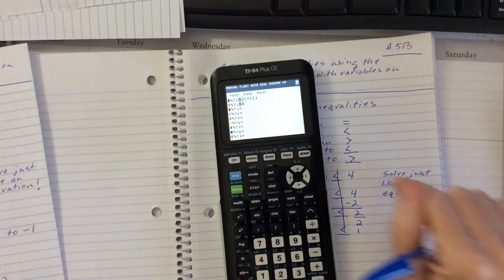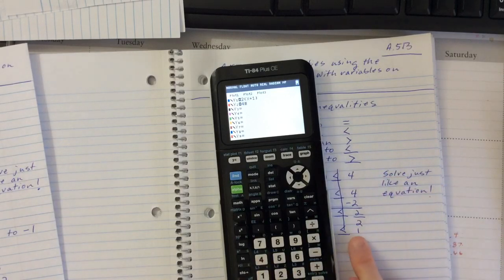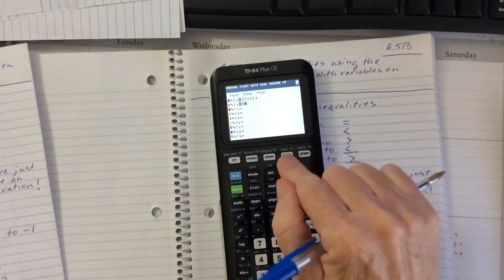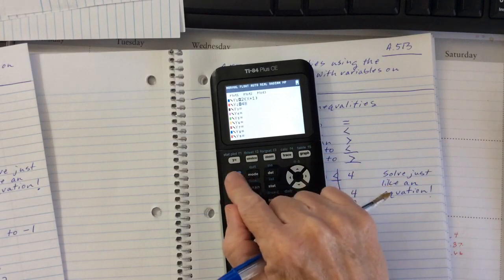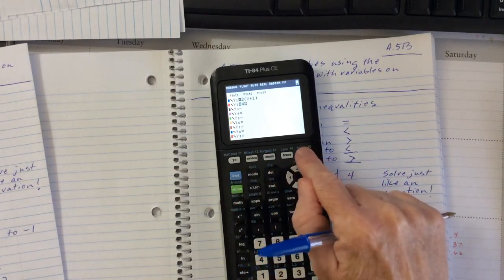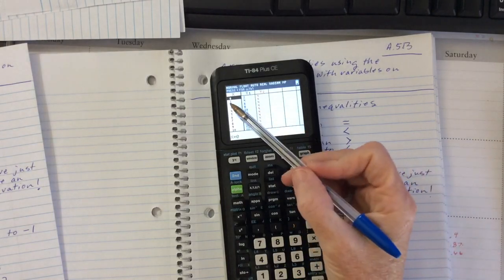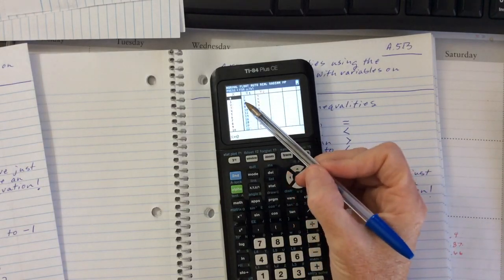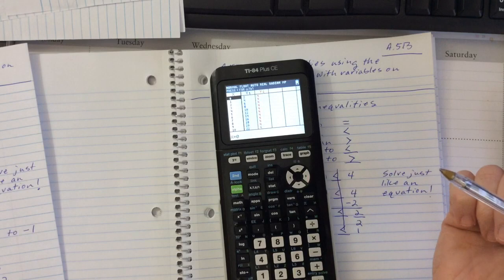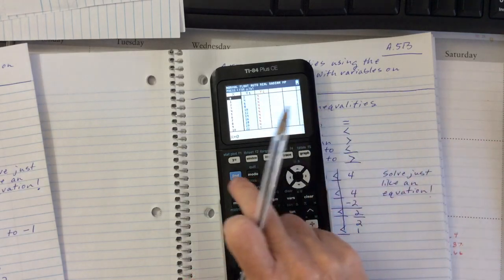Since we already solved the equation and we know it should be less than or equal to 1, let's see what we find here using a table. Second table. And we know that that is correct because at the number 1, this is a 4 and this is a 4.